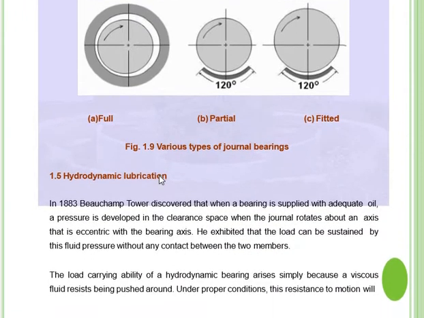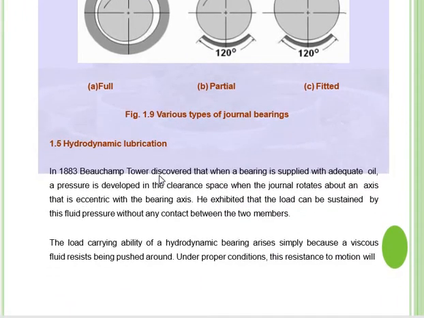Now let us see what hydrodynamic bearings are. Hydrodynamic bearings were invented in the 18th century, in 1883, by the scientist called Tower. He discovered that bearings can develop adequate pressure in the clearance. There is a journal and a bearing, and a clearance between them where the pressure develops.